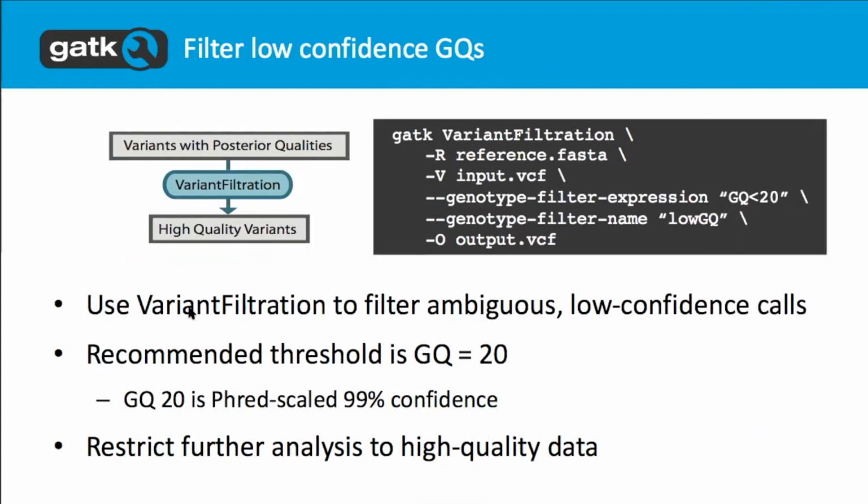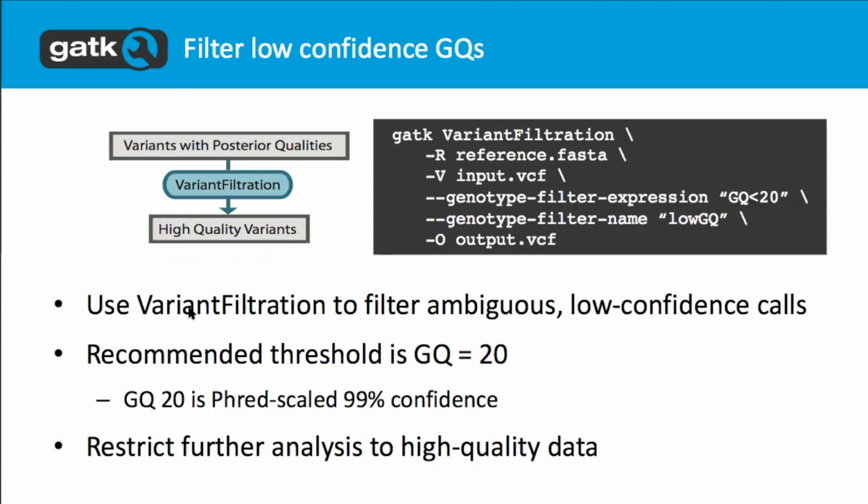Once we've adjusted all our genotype qualities based on that external information, we're going to want to exclude some of them, and we use as a standard default threshold a GQ of 20. So if we have a genotype quality less than 20, that's to us the threshold of usability.